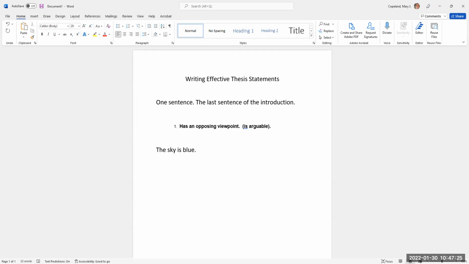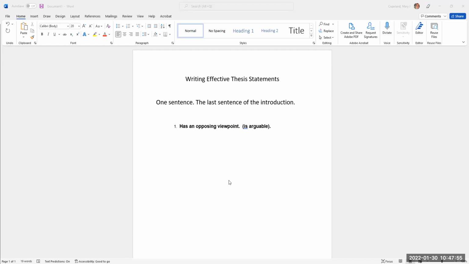You don't have to prove it. There's no discussing it. It's just what it is. It has to have something that other people have a different opinion about. So you're trying to point out or prove why your point should be heard. So that's a really big element to the thesis statement.